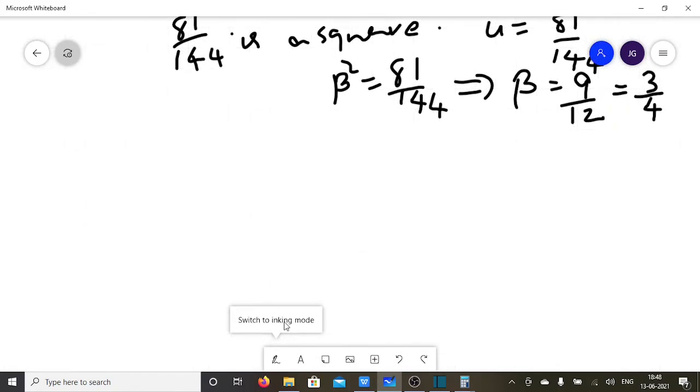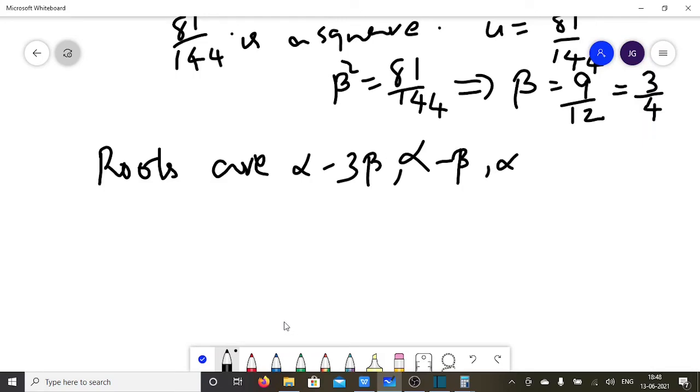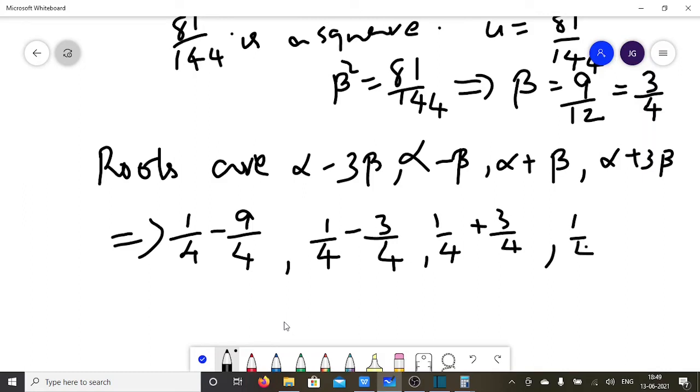So the roots are alpha minus 3 beta, alpha minus beta, alpha plus beta and alpha plus 3 beta, which implies alpha is 1 by 4 minus 3 into 3 by 4, that is 9 by 4. This is 1 by 4 minus 3 by 4. Next 1 by 4 plus 3 by 4. Next 1 by 4 plus 9 by 4.